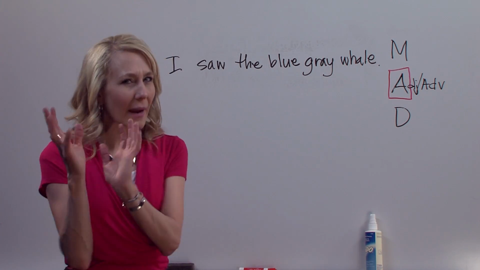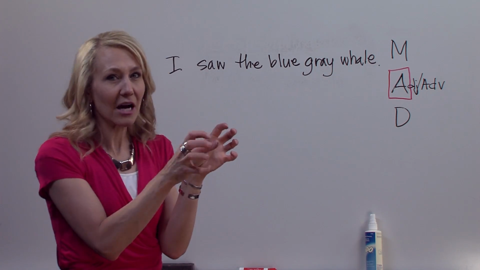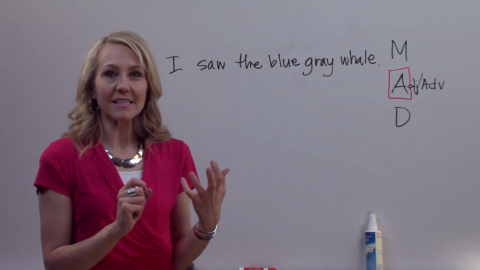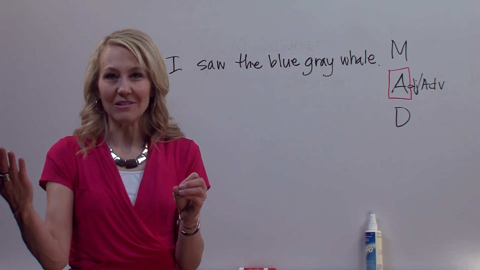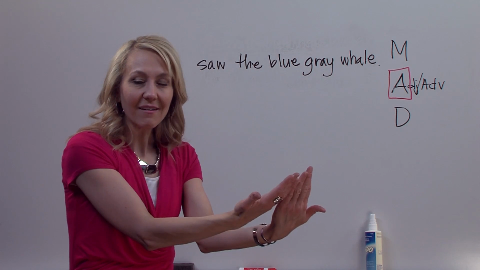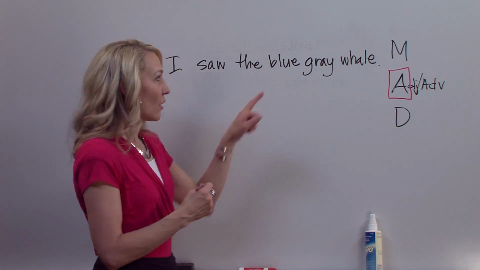Well, is this a gray whale that's kind of blue? Or is this a blue-gray colored whale? Or is this a blue and gray whale? Well, what I saw and how I communicate that to you is going to be shaped by how I punctuate this sentence.